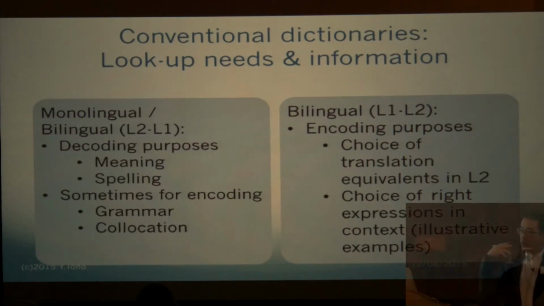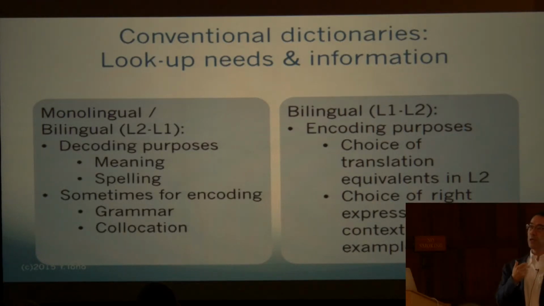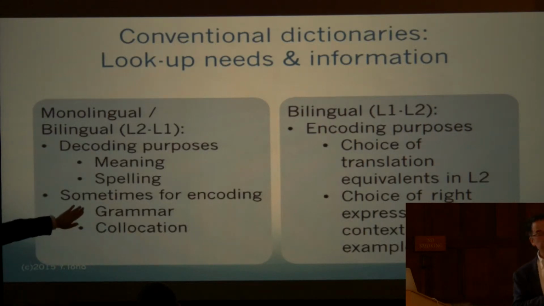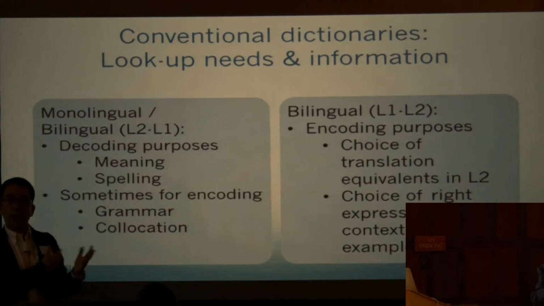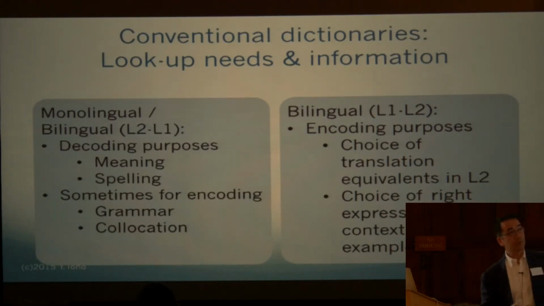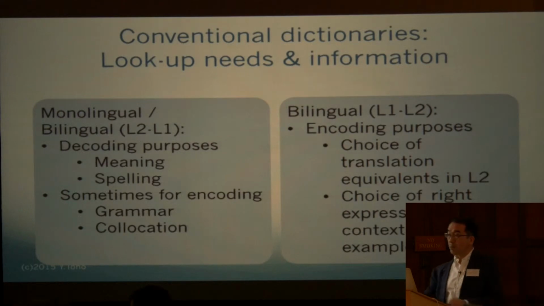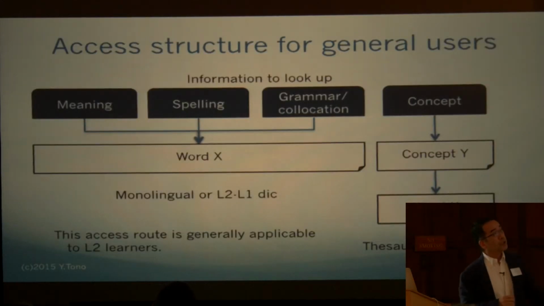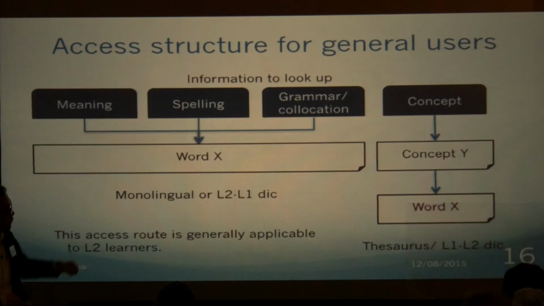If you want to use a monolingual or bilingual dictionary for encoding purposes, you usually search for grammar or collocation information. You can do the same for L1-L2 type dictionaries for encoding purposes. But usually you search for all the information for a particular word. Unless you know the word, you cannot search for the information.